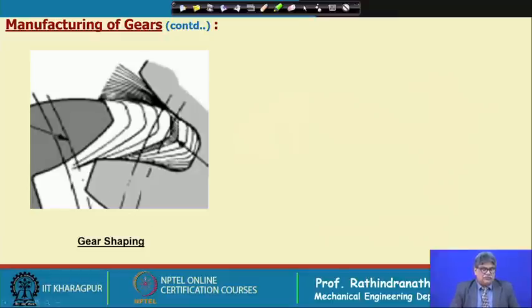Now, here it is shown why it is called a generating process, because the cutter is rotating as well as moving up and down, and while it is moving, this surface is gradually moving to cut the profile, which is practically generating this profile.